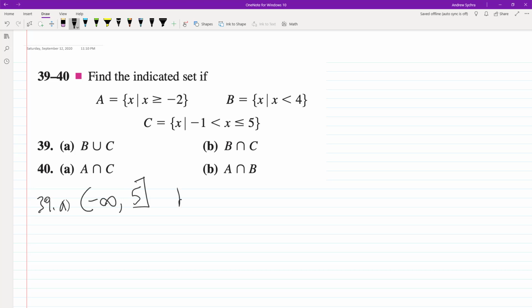Part B. So that means negative infinity up to positive 5. So what do they include together? So less than. So it's going to be negative 1 because it doesn't include it, up to 4, which it doesn't include. So it's going to be open brackets on both. Okay, 40.